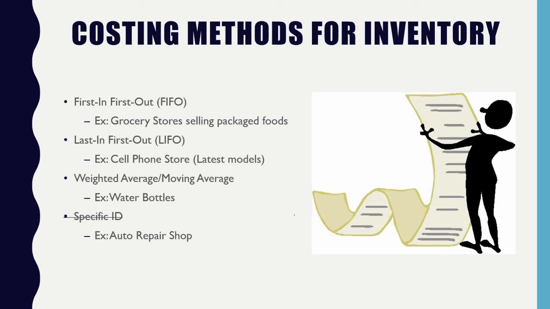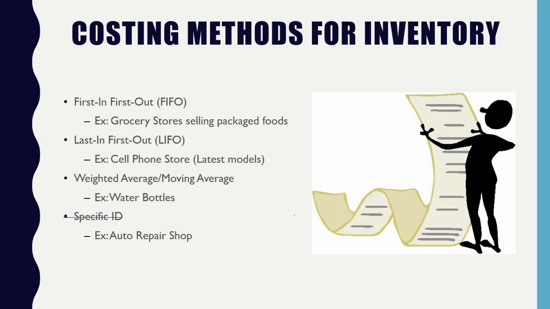The ones I do want to let you know is we're only going to be focusing on three costing methods out of four. The first thing we're going to be going over is the first in, first out method. The other three are last in, first out, then weighted average, and then the last one is specific ID.